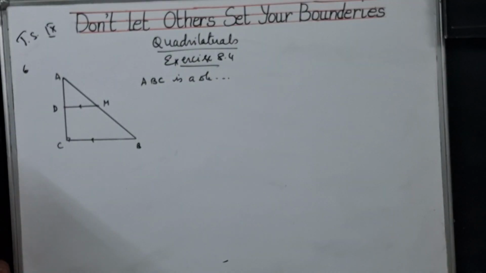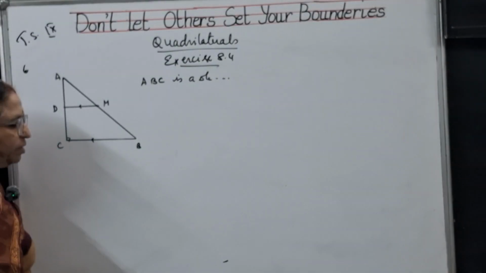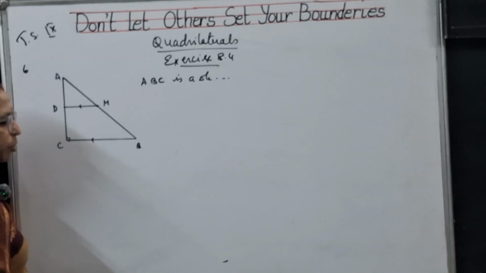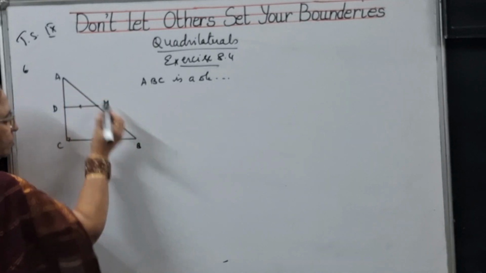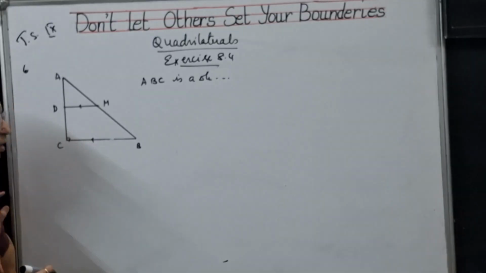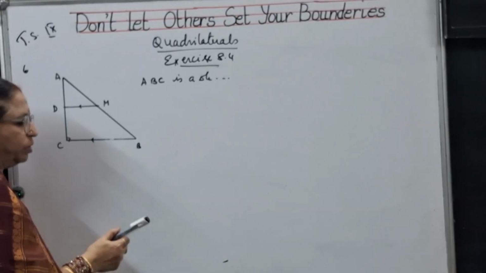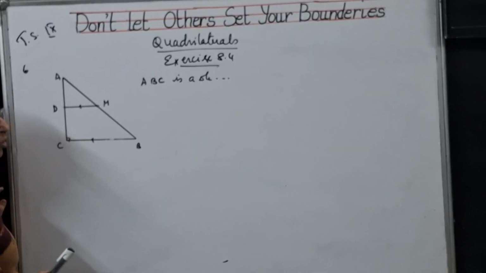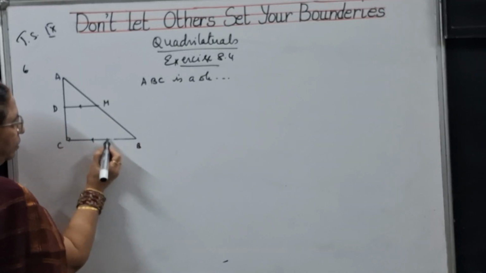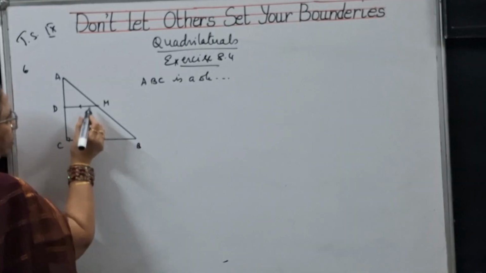Now, sixth problem, children. ABC is a triangle, right angled at C, and a line through the midpoint M of hypotenuse AB and parallel to BC is drawn.